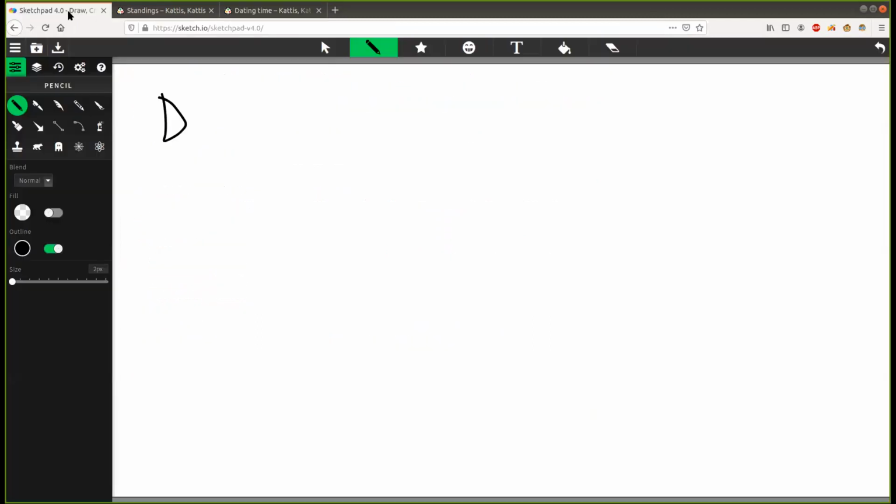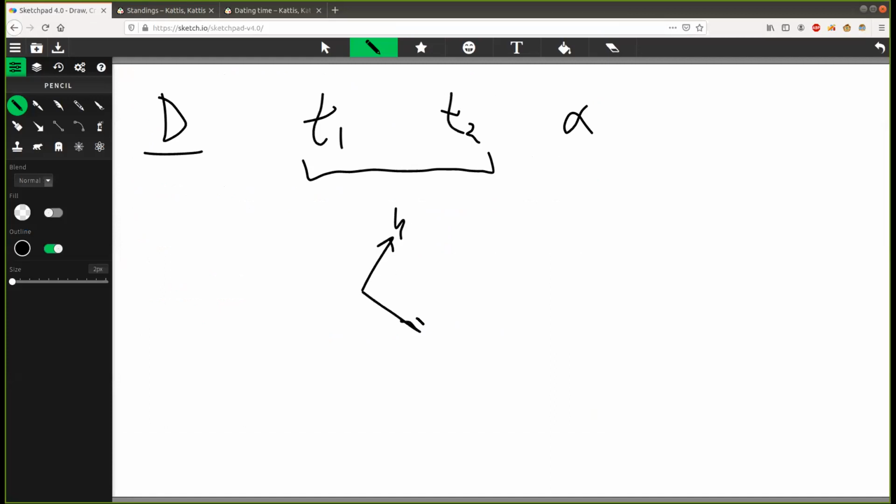So the problem is, we have time 1 and time 2, and we have an interesting angle that we care about called alpha, and we want to know how many times between T1 and T2 the hour and the minute hand have exactly an angle of alpha. And alpha is either 0, 90, or 180.